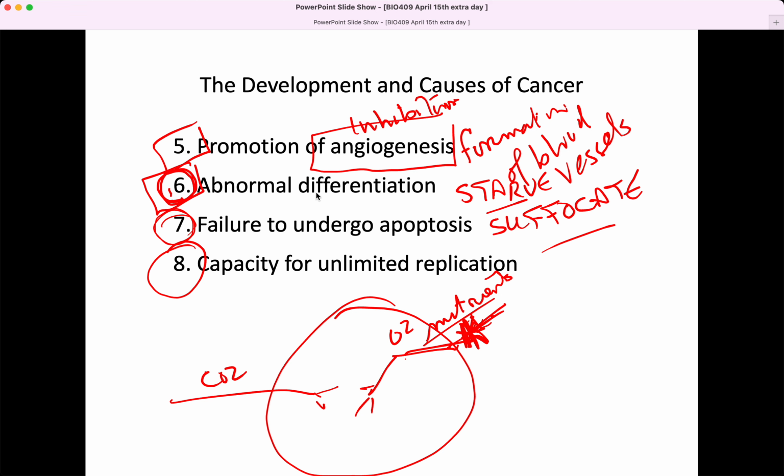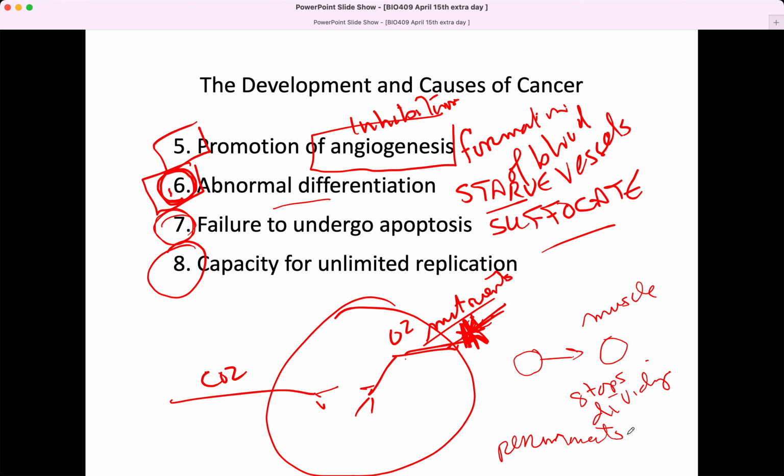So the abnormal differentiation is this: when a cell normally develops and differentiates like a muscle cell, it stops dividing and permanently leaves the cell cycle. So these muscle cells no longer divide.